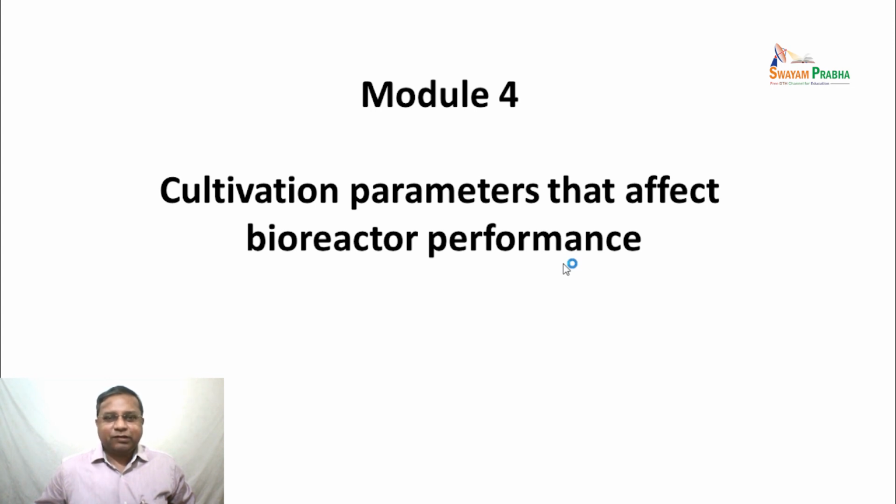In the first module, we were introduced to bioreactors. We saw the common types of bioreactors and their common modes of operation, and also some sterilization kinetics, including the decimal reduction time. In the second module, we saw the two major outcomes of the bioreactor.